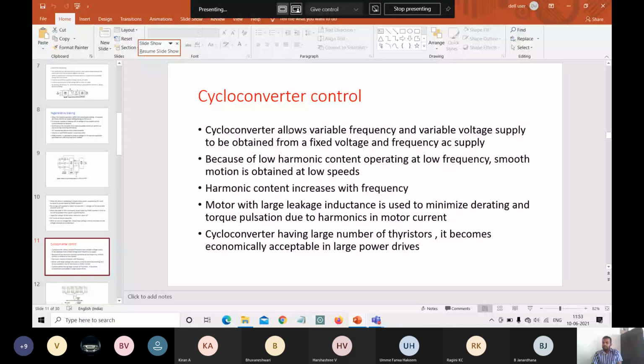We need a VSI or a cycloconverter. Till now we studied VSI, and how the same thing happens by using a cycloconverter also. That we will discuss in the next session.